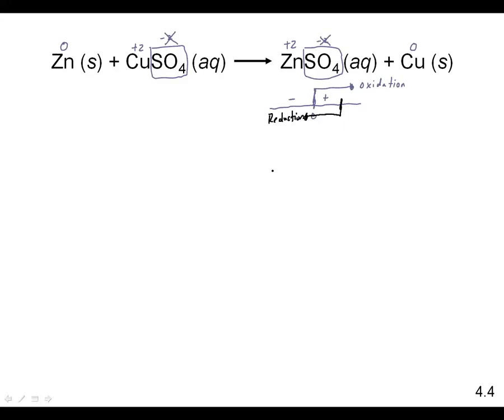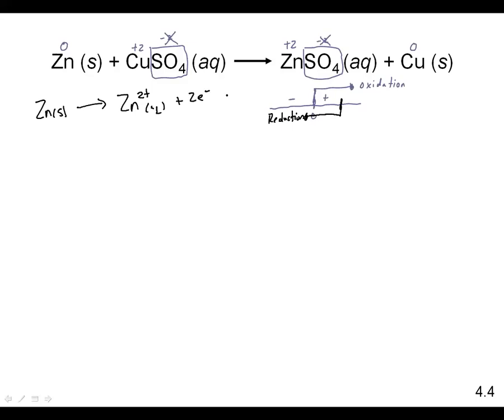So this is really a redox reaction that's happening, and we can write what is truly happening here. The zinc is going to zinc with a +2 charge. And again here, as we saw earlier, the zinc is going through oxidation. It will lose 2 electrons.